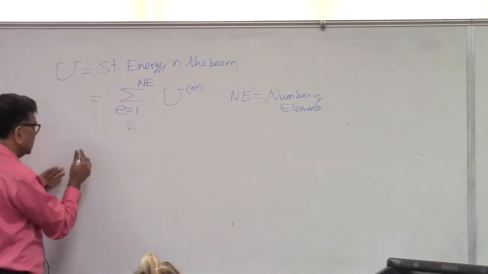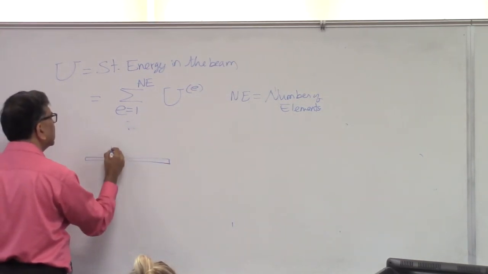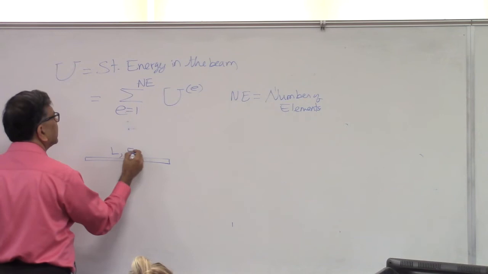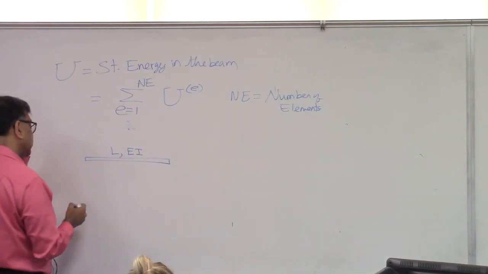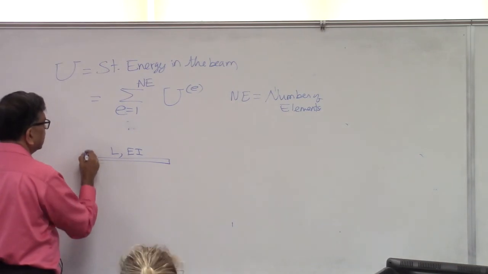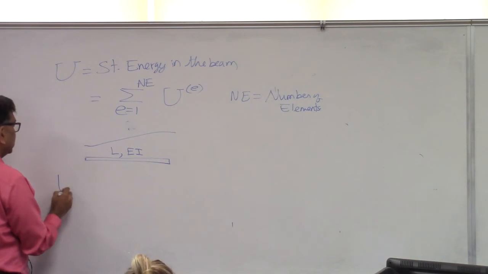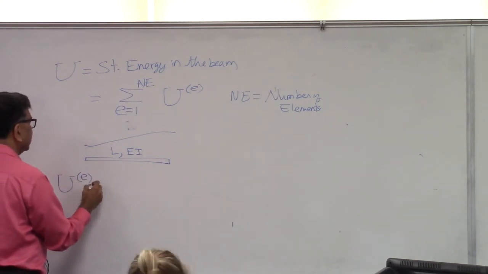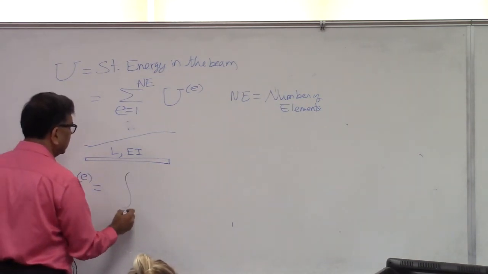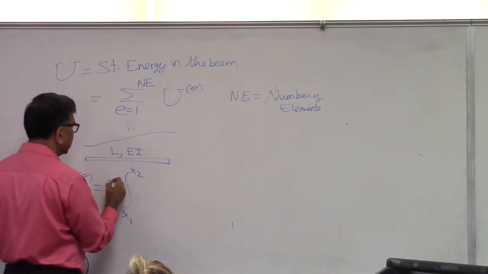So now we can focus on how to calculate energy in one typical element that has a length L, it has a flexural rigidity EI, and it has a deflection given by the polynomial. Now UE is given by the integral from x1 to x2 of EI.